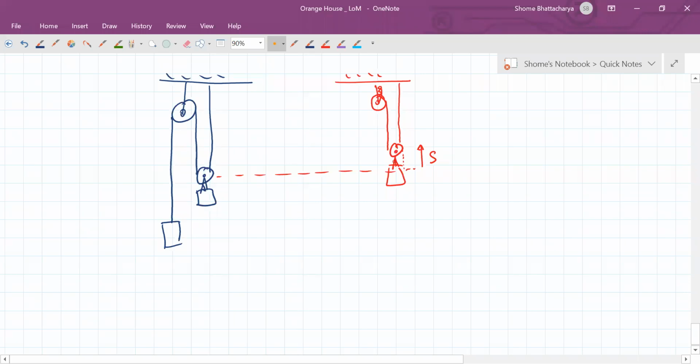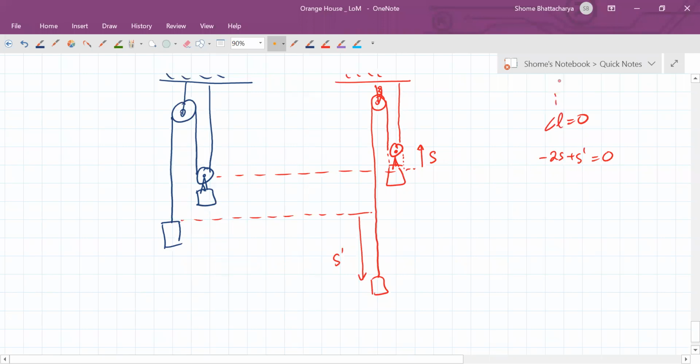So how much thread it is released, it is released 2s amount of thread. सो यहाँ पे थ्रेड लेंथ -2s हो गया. ओके, सो ये साइड में क्या होना चाहिए, अब वो increase होना चाहिए. सो ये साइड पे सपोज it's increase by s prime. So this should be 0 because change in length of the thread should be 0. That should be 0.